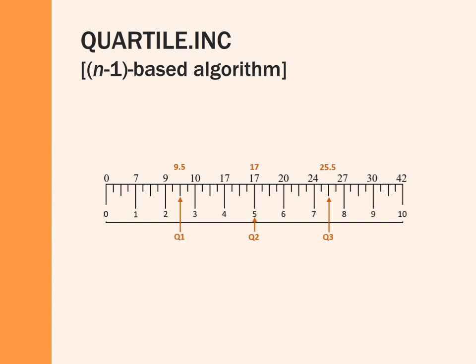Quartile.INC version. And what I suggested, one way in which we can think about then what the INC refers to, is that once we find what the median value is, then that median value is part of the data that's used to find what the first and also what the third quartile values are. And I'll show you in the next slide what I mean by that.